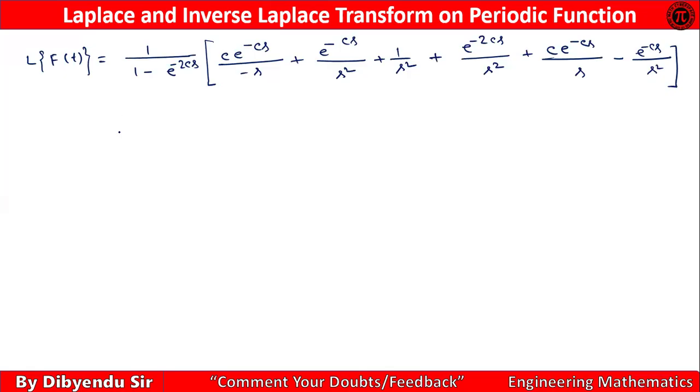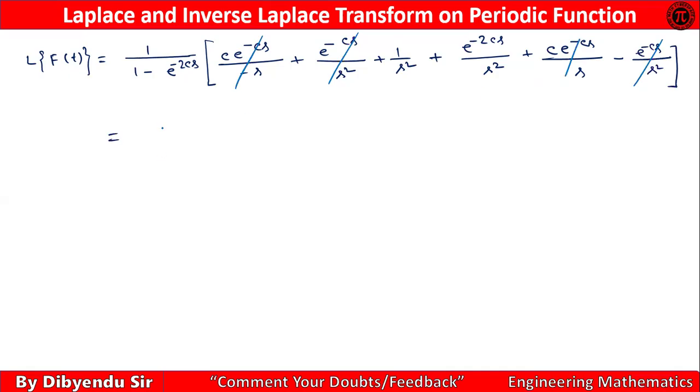So this is equal to, now from here, if you simplify, you can see that these values are cancelled. This one cancelled. Also here you can see c e to the power minus cs divided by s, and this is c e to the power minus cs divided by minus s, so this part is also cancelled.